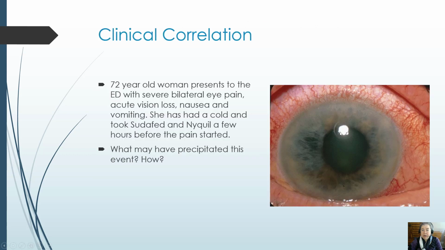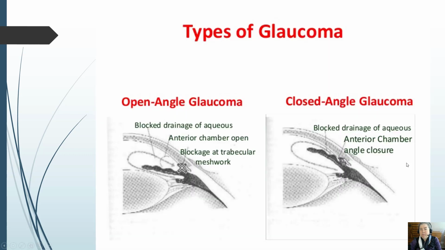And that pressure causes, you can see the dilated pupil, you can see some haziness or fogginess of the cornea. You can see that the eye is red, so this is a cause of red eye, and it causes really extreme pain.